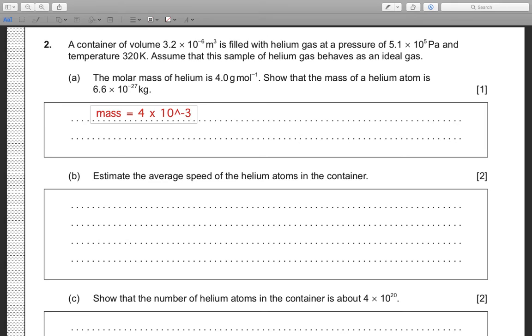Then we divide by the Avogadro number, 6.02 times 10 to the power of 23.